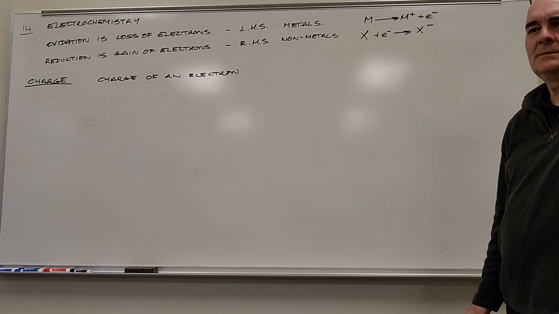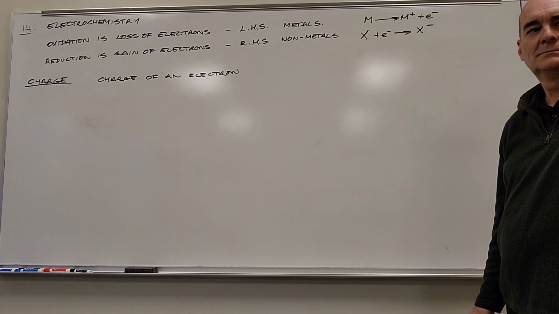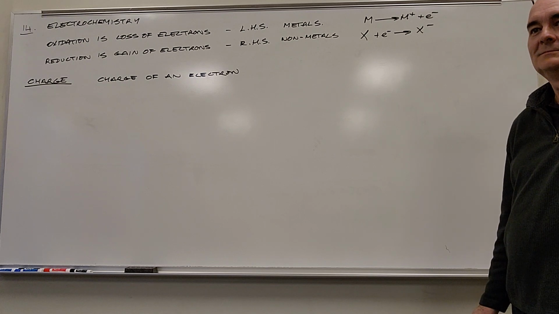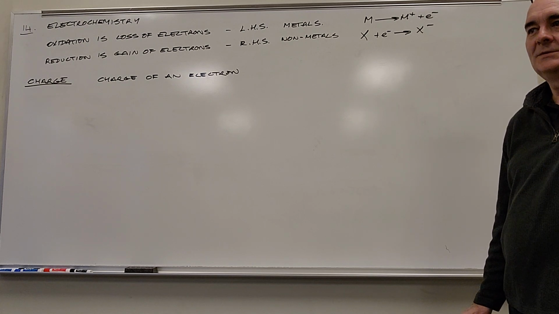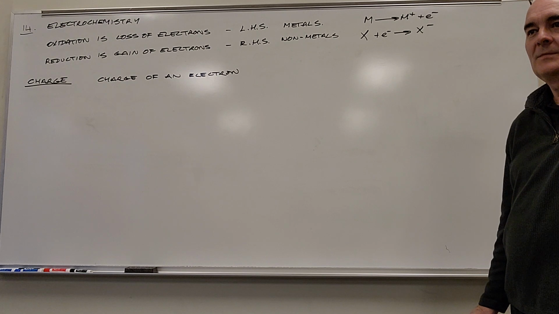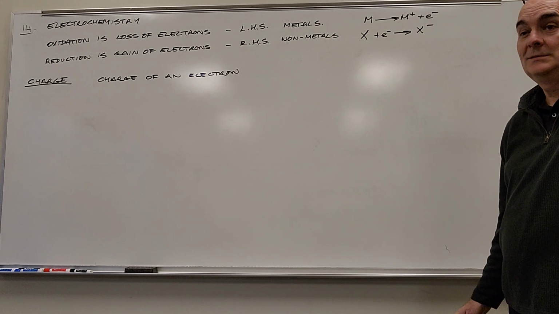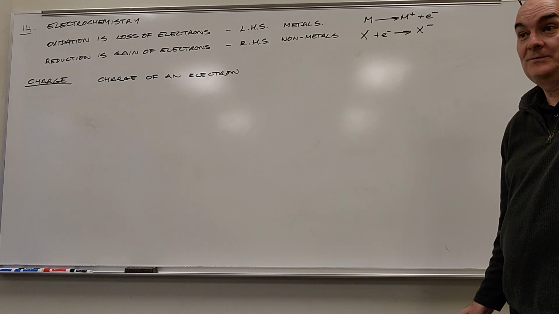Who discovered the electron? J.J. Thomson discovered the electron. And then someone came along and said how heavy it was. And then somebody came along and said what its charge was.